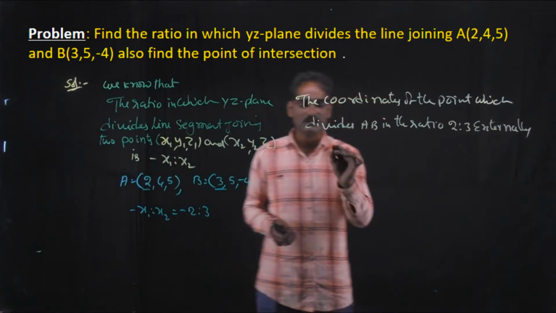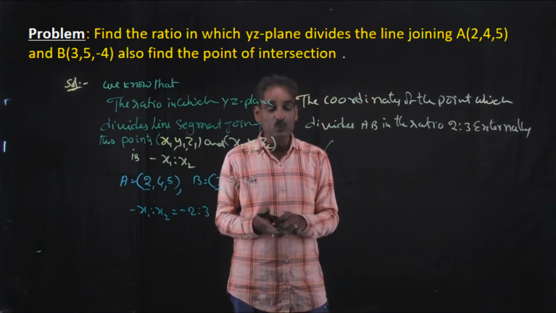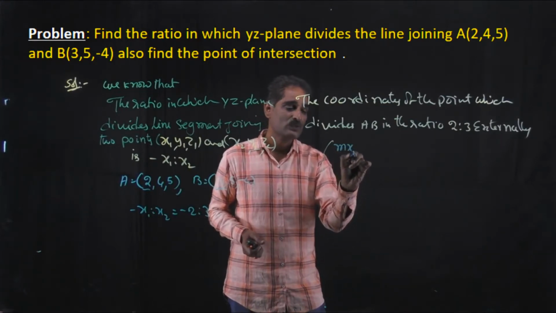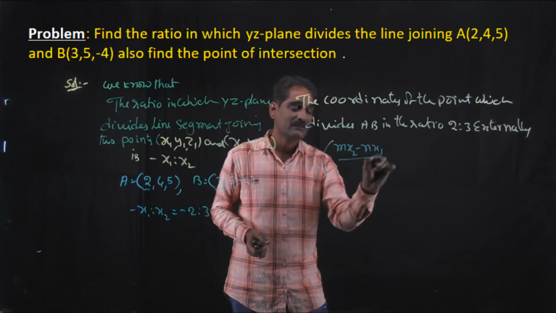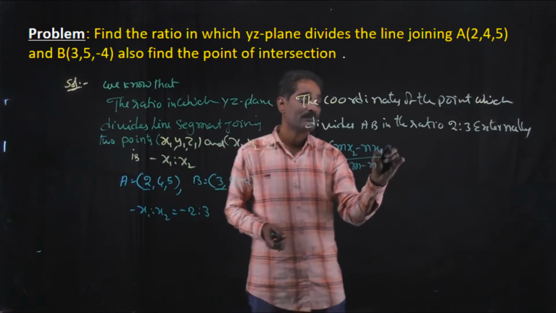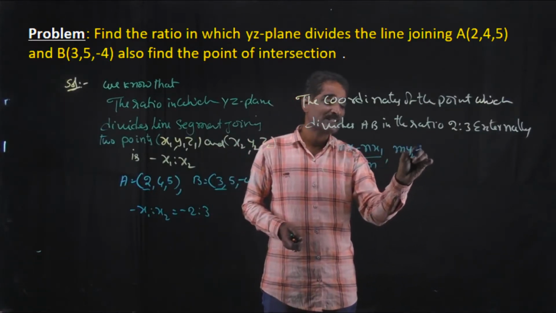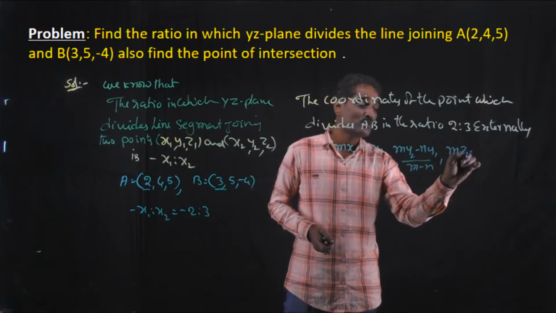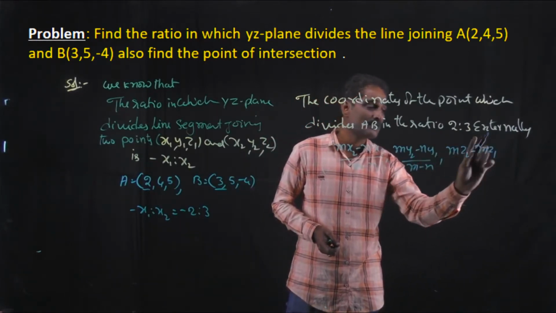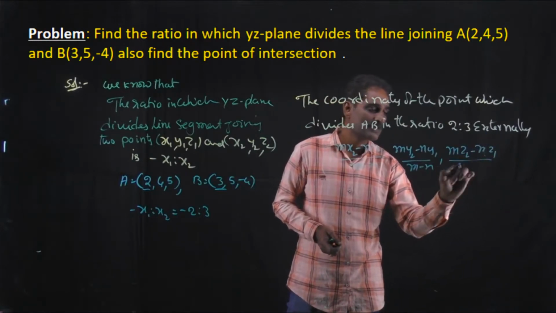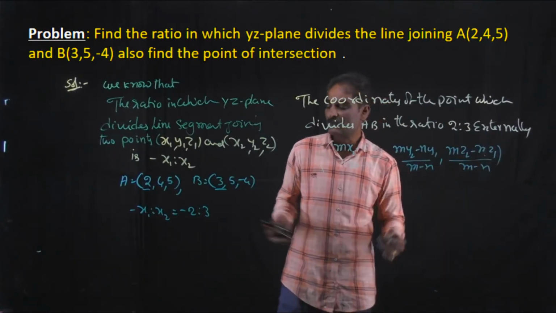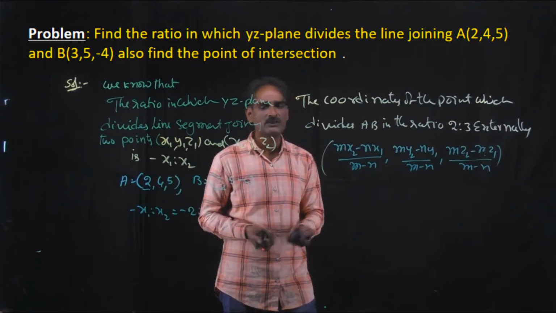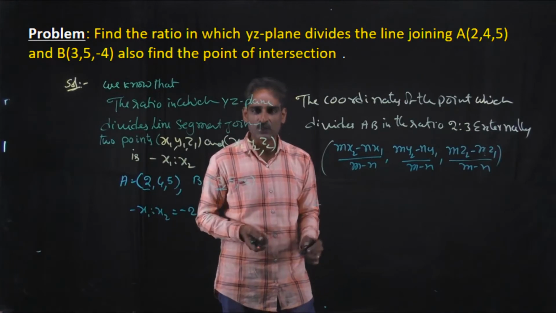What is the formula? (mx2 minus nx1) by (m minus n), (my2 minus ny1) by (m minus n), (mz2 minus nz1) by (m minus n). Just substitute m and n, x1, y1, z1, x2, y2, z2, and we will get the required point.